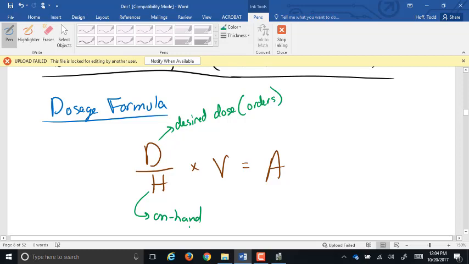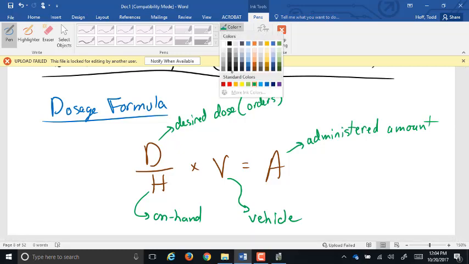H is the on-hand amount from what we defined up above. V is the vehicle. A is the administered amount.